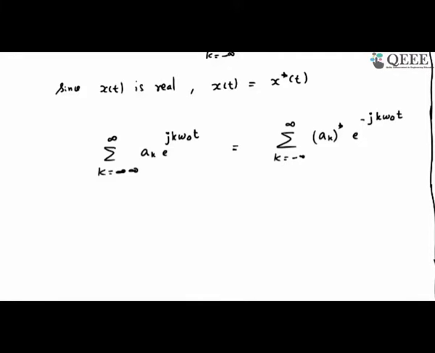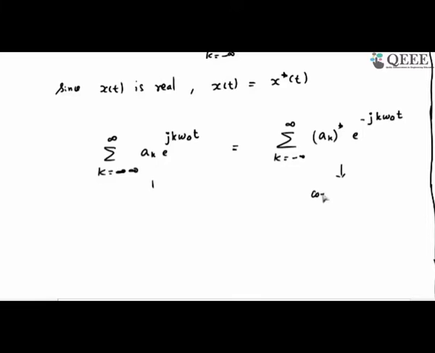So coefficient wise they should be identical. That is another important thing: the Fourier series representation is unique. So if two signals are the same, then the Fourier coefficients have to be the same. So the Fourier series coefficients for x of t and for x star of t have to be the same.